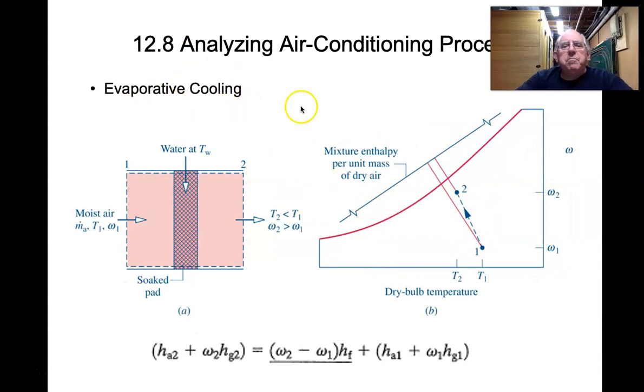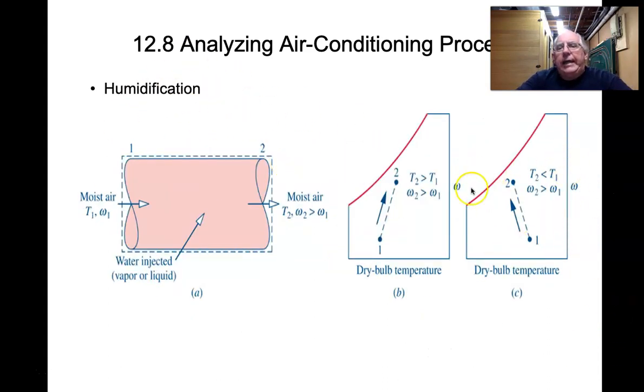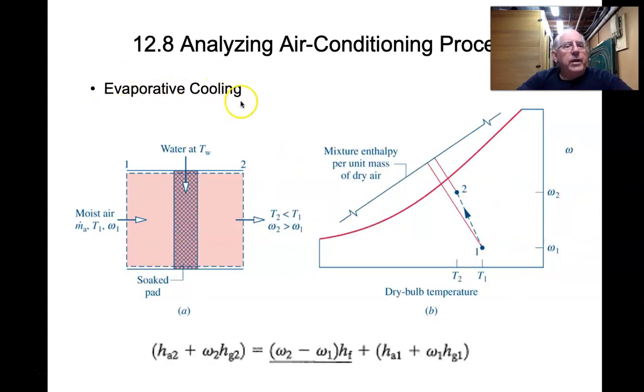And so what I just mentioned over on this side here is called evaporative cooling. As we see here, we bring in relatively warm, dry air through a gauze, a soaked pad that has water, and basically the hot air provides the energy to cause the water to evaporate and join the mixture as a higher value of omega, and at the same time the air temperature decreases.